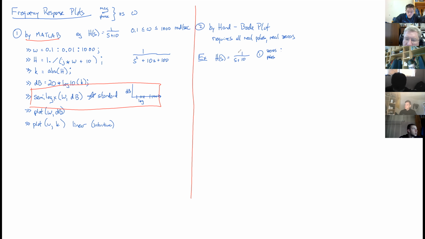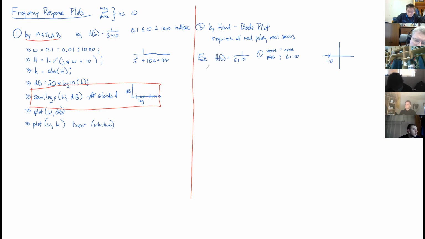That's pretty easy. The zeros come from the numerator, and there are none. There's no value of s that will make this numerator go to 0. Whereas your poles have 1 at s equals minus 10. If you were to plot the s-plane plot, it would look like that.